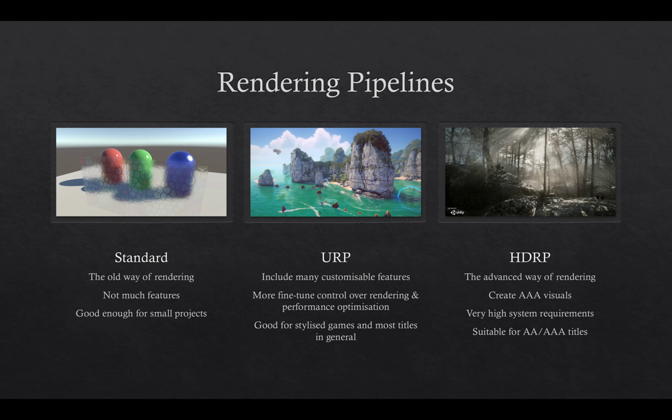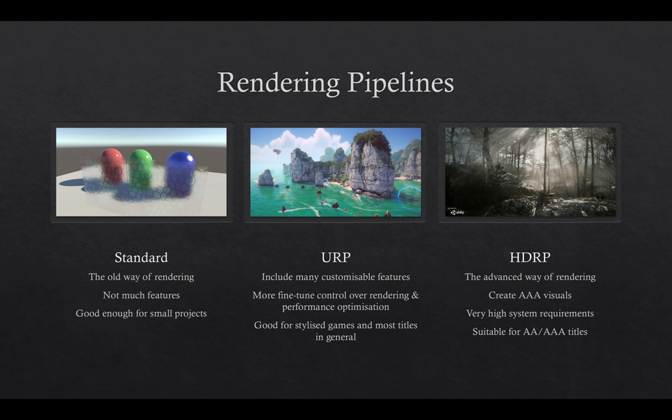For a very simple comparison here, the standard one is just as standard as it can go, the classic Unity look. It's the old way of rendering, and Unity is trying to phase this out very soon. It doesn't have very many features, and it's good enough for small projects. So if you don't want to make it very large, you just want a very casual 3D game, go ahead, use standard. You don't actually have to go through all the features that the other rendering pipelines provide.